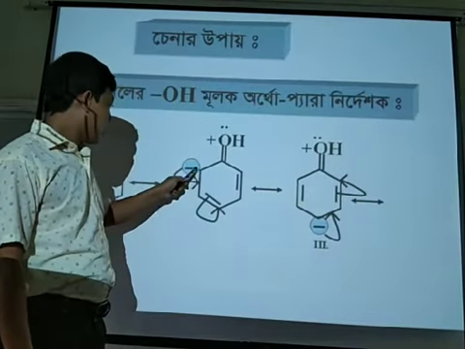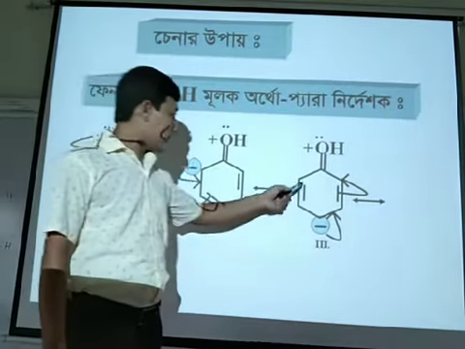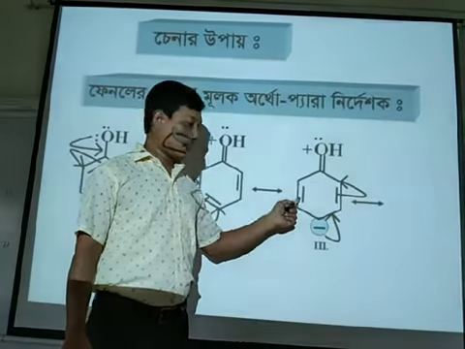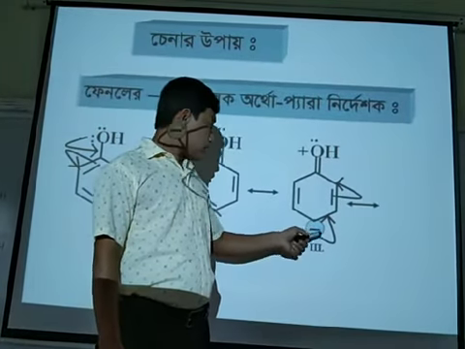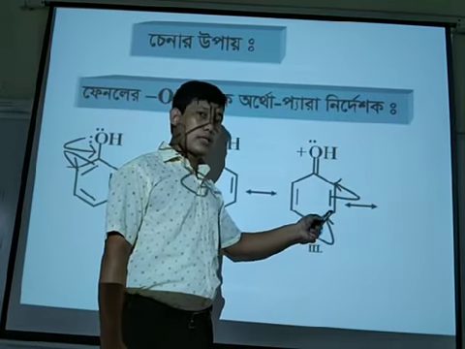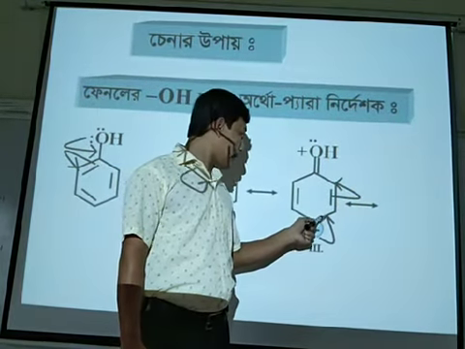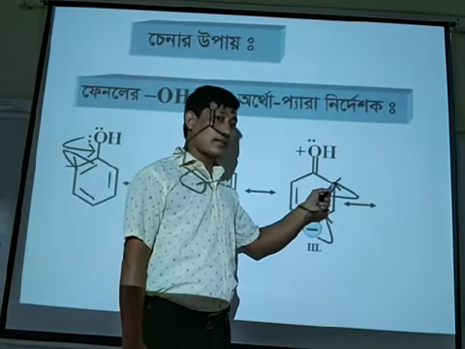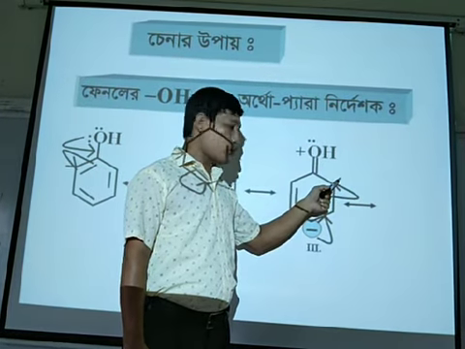This electron has come here and created a double bond. In the next structure, this electron will come here and create a double bond, and this pi bond will break down at the same time. So in this position a negative charge will be created.